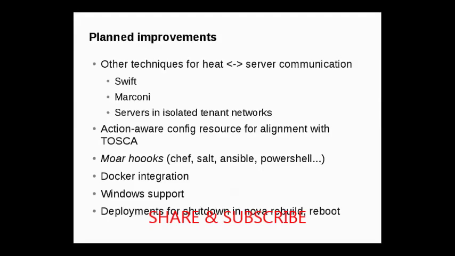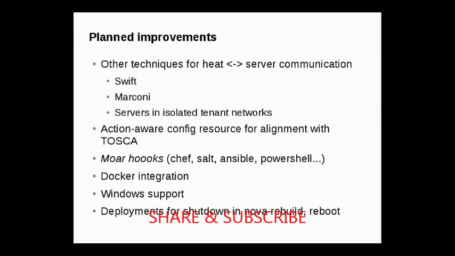We can consider using Marconi as the transport to get these messages out to the server and back again. And we need to find a solution for how to get servers in isolated Neutron tenants talking back to heat, which is a problem that any server with an agent on it has. So it would be nice to find a solution that works for everyone.